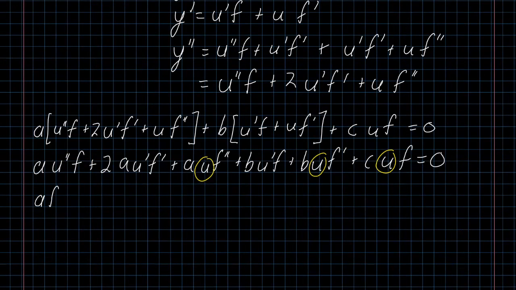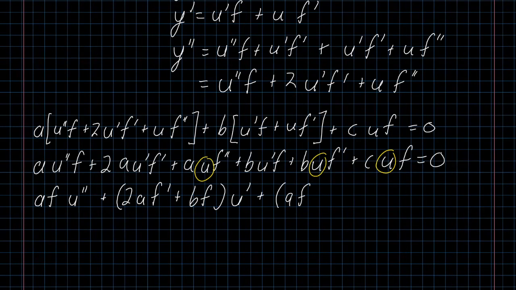A f u double prime plus 2af prime plus bf times u prime, and a f double prime plus b f prime plus c f times u is equal to 0.